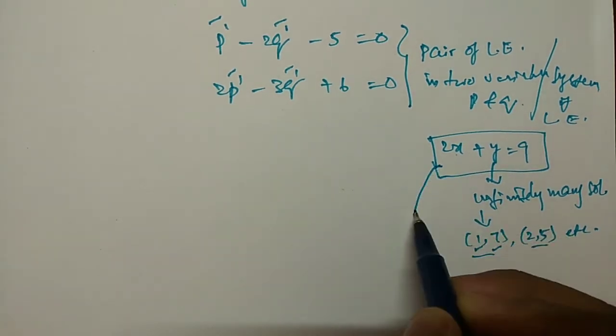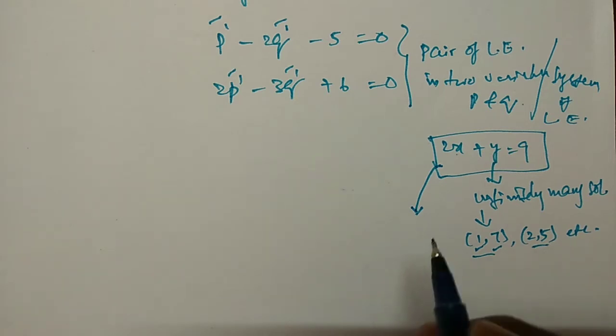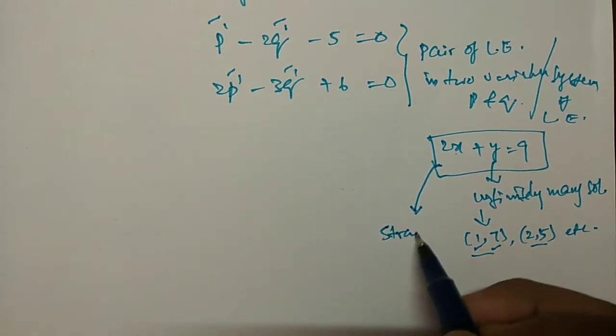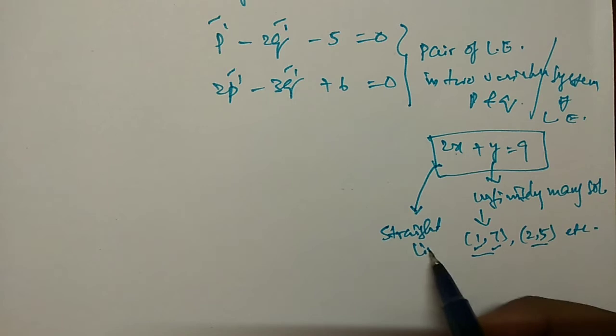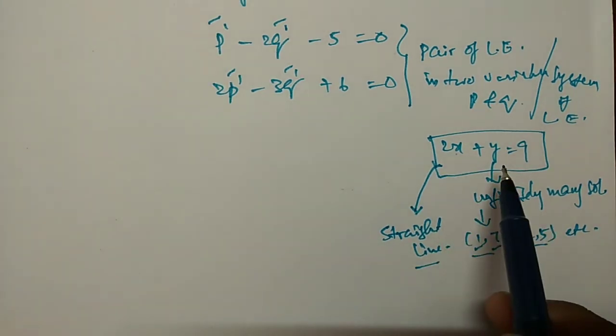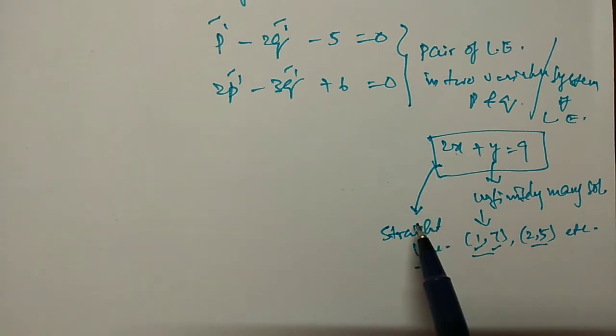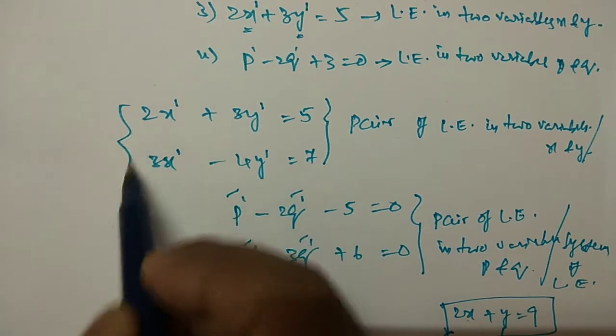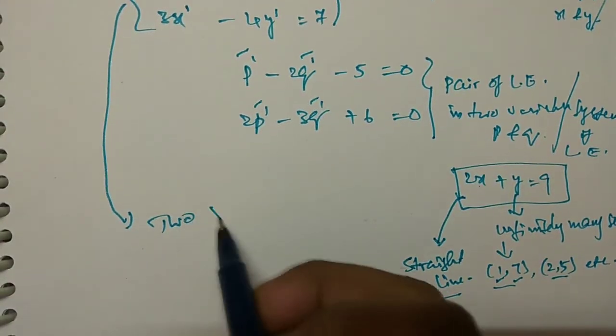The graph of a linear equation in two variables always gives a straight line. Since a linear equation in two variables gives a straight line, a pair of linear equations in two variables gives two straight lines.